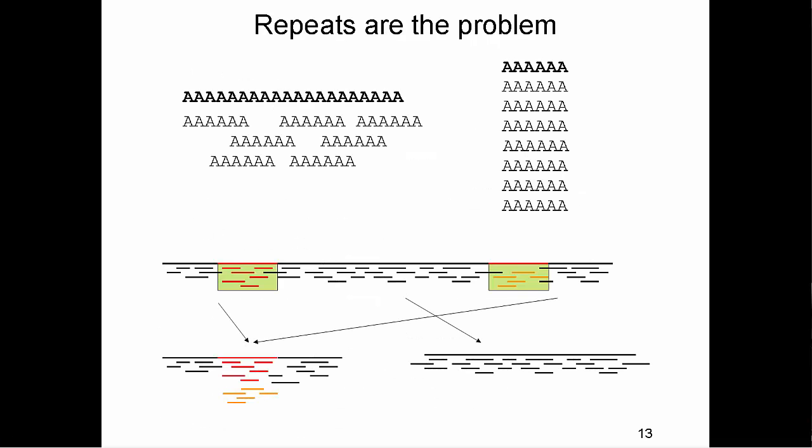It turns out that the Achilles heel of the greedy algorithm are genomic repeats, segments of DNA repeated in identical or near-identical form throughout the genome. Here, I show you 2 simple examples. The first is an instance of a tandem repeat, multiple copies of the same string of DNA repeated multiple times, one after the other. On the left, you can see the correct structure of this tandem repeat, together with 7 reads generated from this section of the genome.